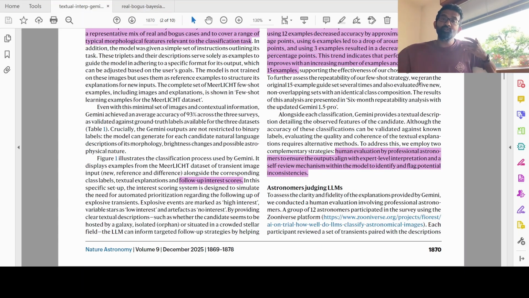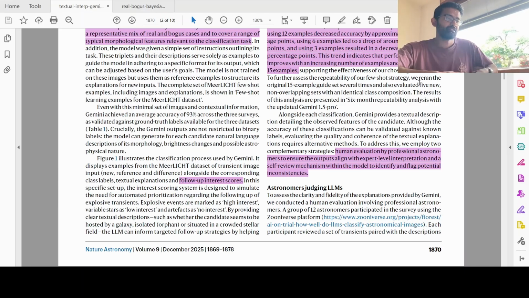How do they actually compare the performance of this LLM result? They actually ask the human astronomers to rate what Gemini is saying. Is that coherent or not? So first they check the results, whether it's a real or bogus transient, does that make sense or not?